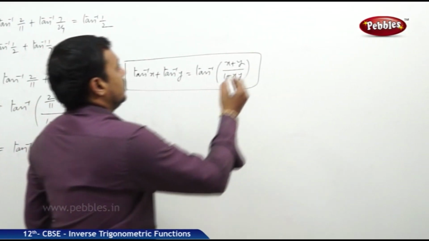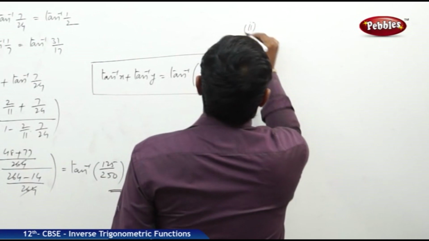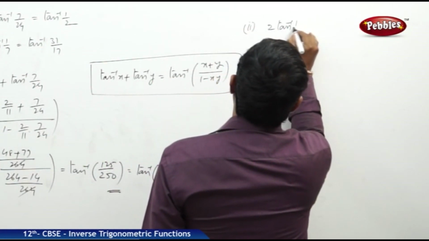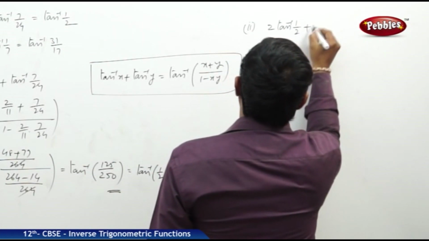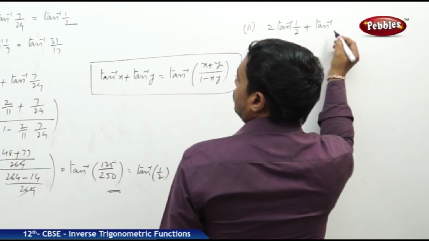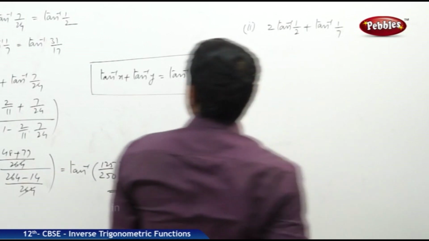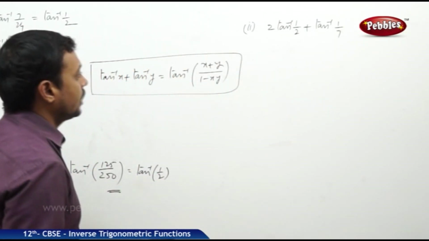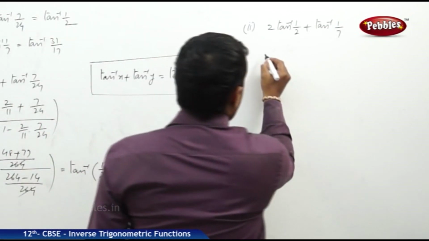Now let us solve the second one. 2 tan inverse 1 by 2 plus tan inverse 1 by 7 is equal to tan inverse 31 by 17. Okay, now let us consider LHS here.